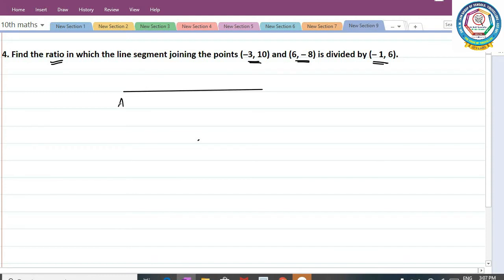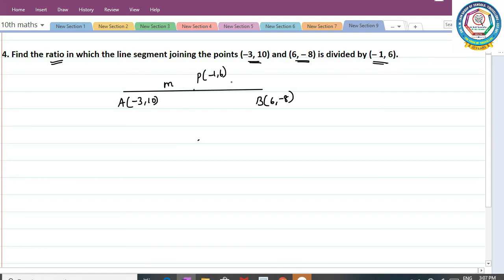Then A of, what is the first coordinate? Minus 3 comma 10 and B of 6 comma minus 8. AB is the line segment. The line segment is divided by which point? Minus 1 comma 6. Point P of minus 1 comma 6. So what is the ratio of this line segment?